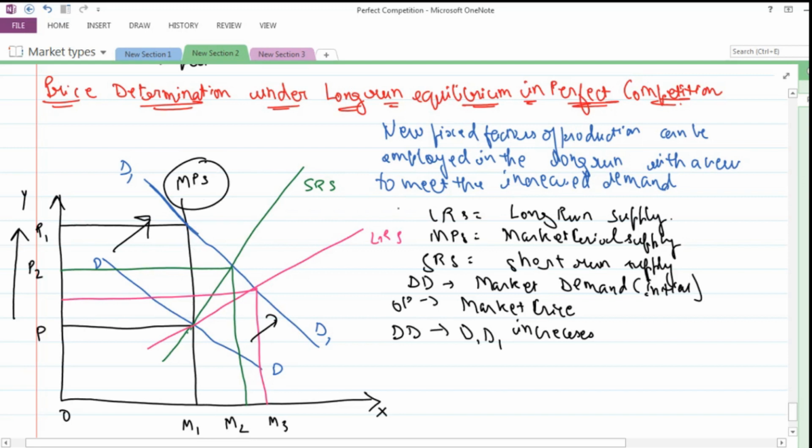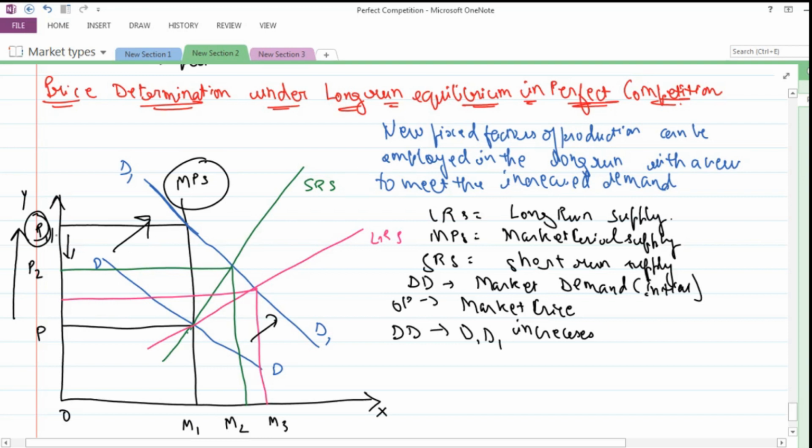Now, if the price shoots up to OP1, in the short run the firms will try to increase their output, and the short run price falls down to OP2 like we saw in the previous video. यहाँ पे क्योंकि सप्लाई बढ़ाने की कोशिश की जाएगी शॉर्ट रन में, तो OP1 पे पहले शूट अप तो होगा प्राइस, पर उसके बाद वो फिर से नीचे आएगा, क्योंकि in order to take the advantage of the increase in price, the suppliers will supply more quantities, and as a result it is able to meet up the demand of the market, and an equilibrium price would be established.